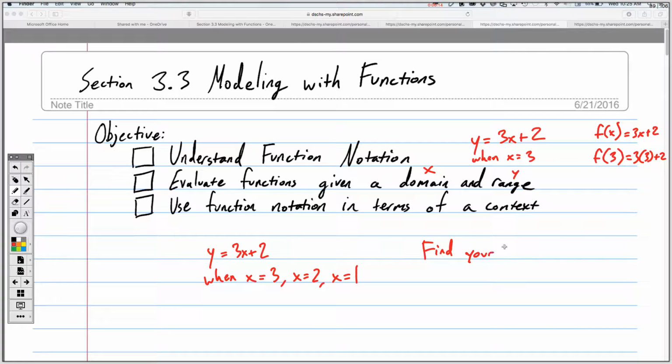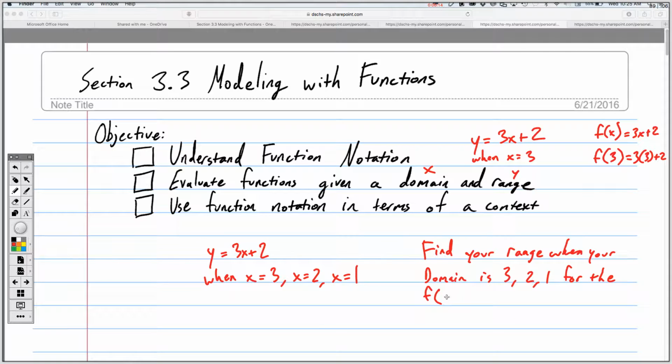So we're just writing it differently. We've done it before. Find your range when your domain is 3, 2, 1 for the function.